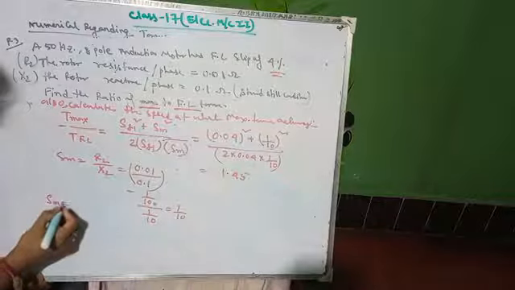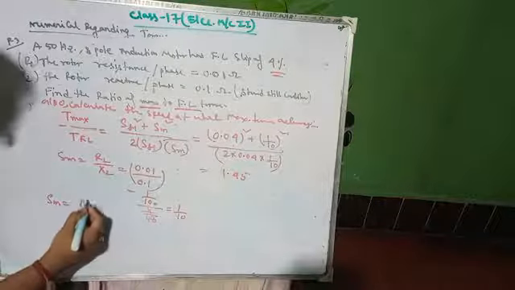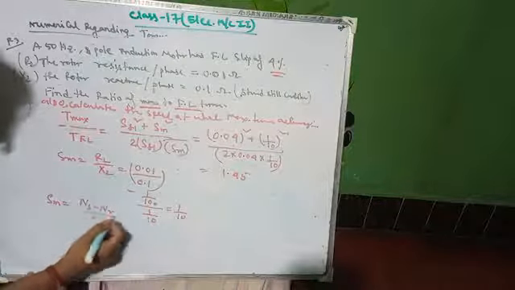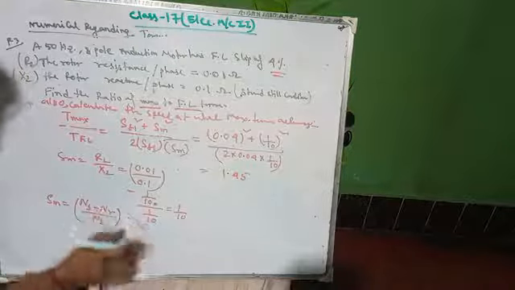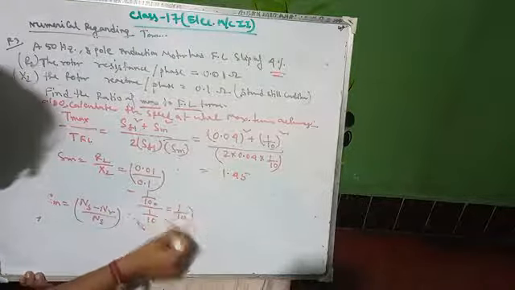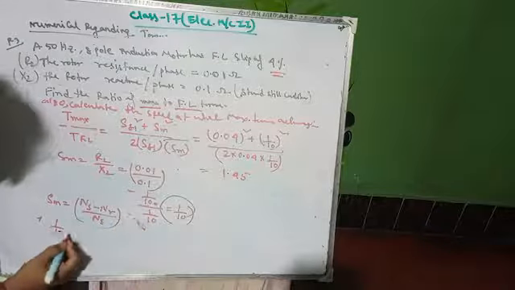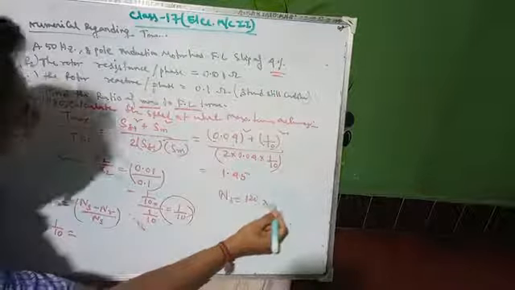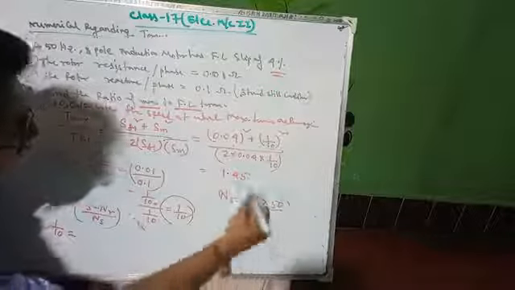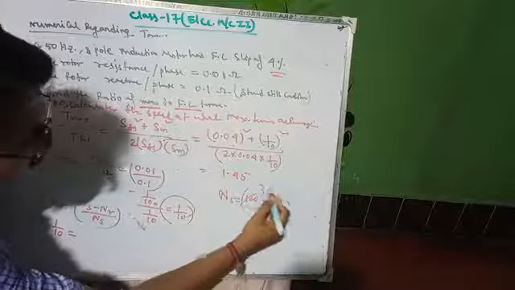You can use Sm now. Sm equals (Ns minus Nr) by Ns into 100, right? No need to put 100 here because Sm is given in per unit value, 1 by 10. And Ns you should calculate first, 120 Fs by P, right?